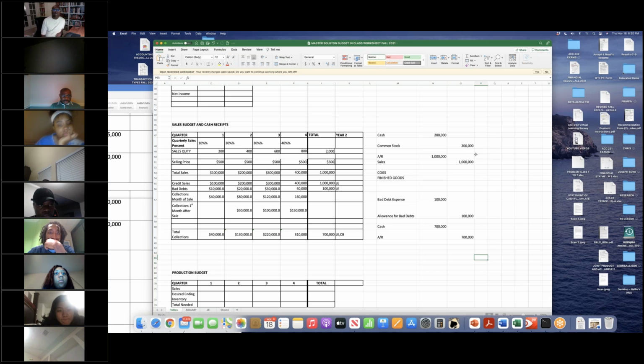Now, whenever you sell something, you got to make this COGS finished goods entry. And if you remember, we talked about direct costing. And if you remember, you based that selling price on only the direct labor and the raw materials.